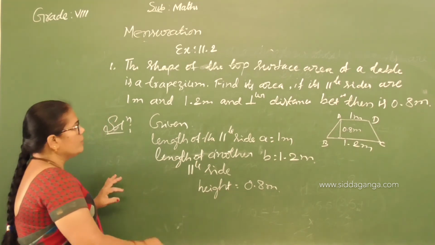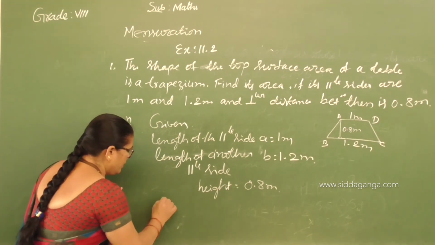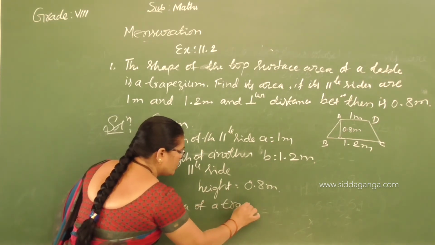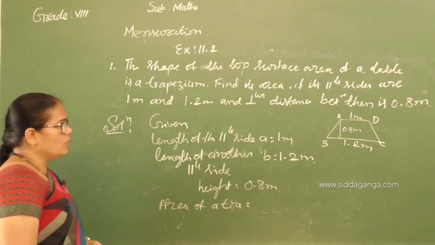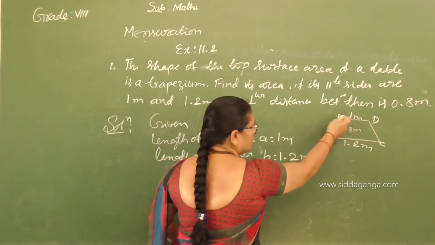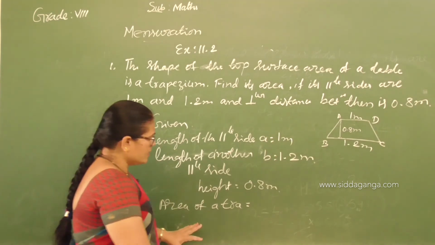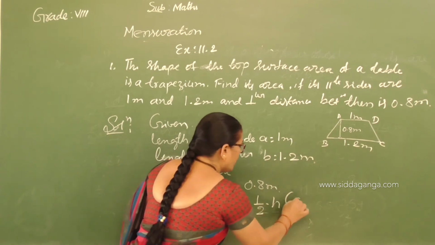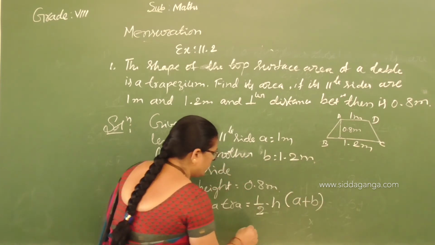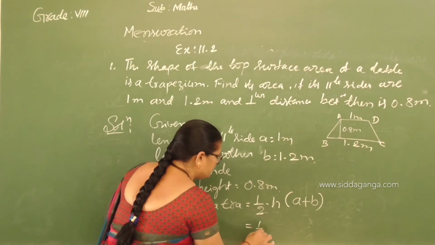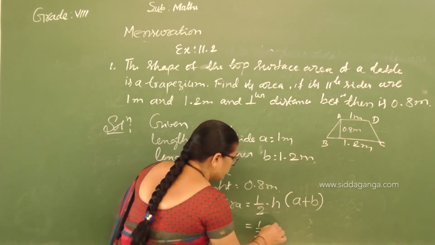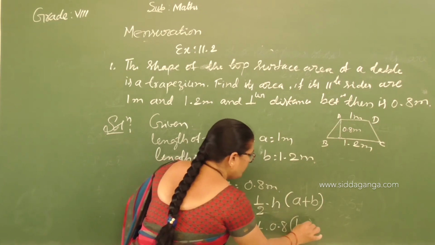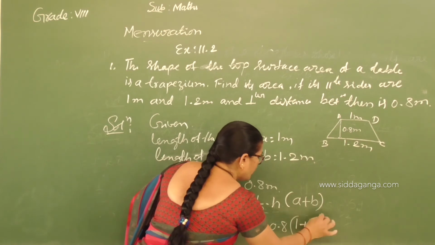So we have to take the formula. What is the formula? Area of a trapezium is equal to half into h into sum of the two parallel sides, A plus B. That will be equal to half into h. Here what is h? 0.8. Here A is equal to 1 meter, B is equal to 1.2 meter.